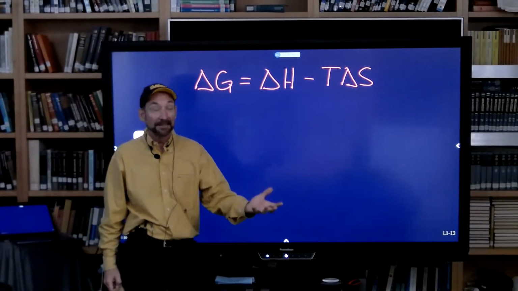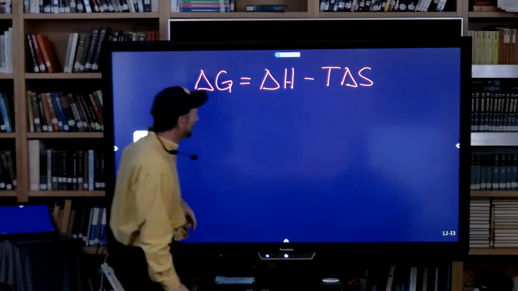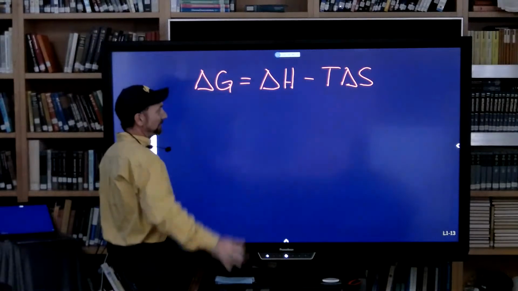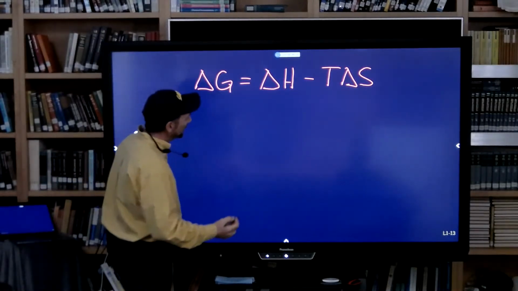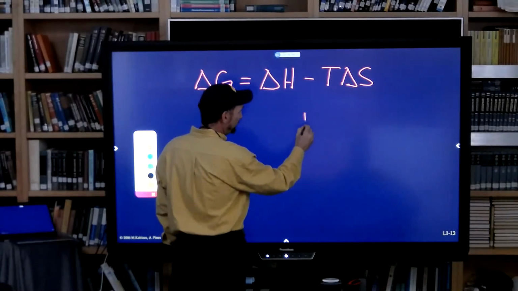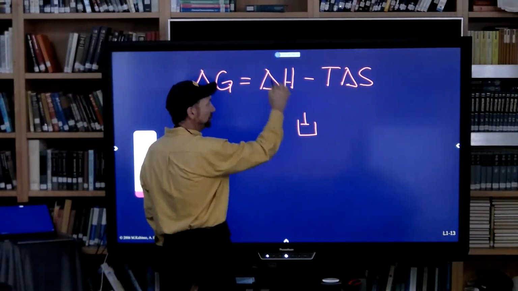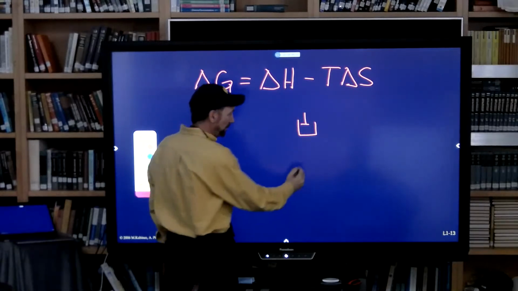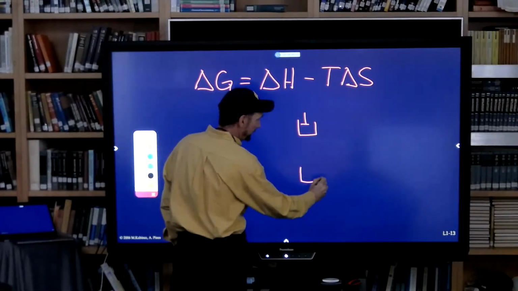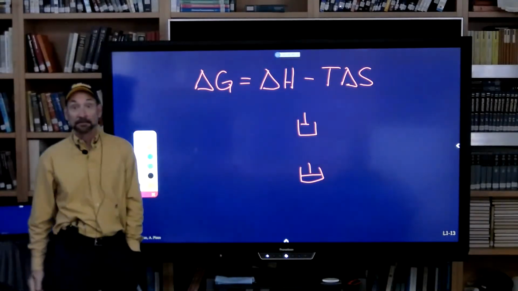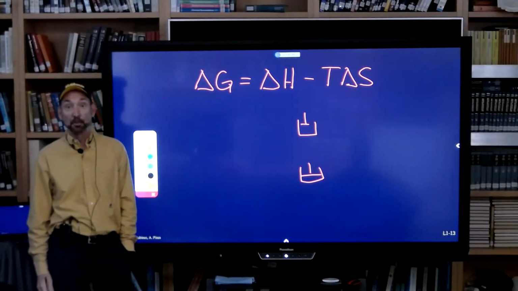So you take away a little. This is what gets taken away. You can kind of think of it in a lot of ways, and we'll do it kind of hand wavy here. This isn't mathematically correct, but if you take a piston, a sample here, and you use a chemical reaction to squeeze that system down so it gets compressed, you did work. You used some of your enthalpy to do work.